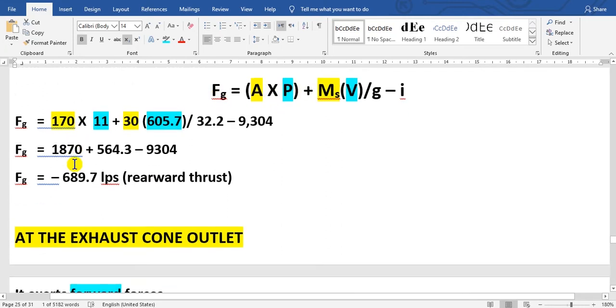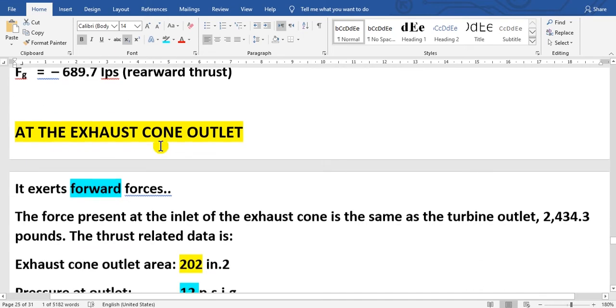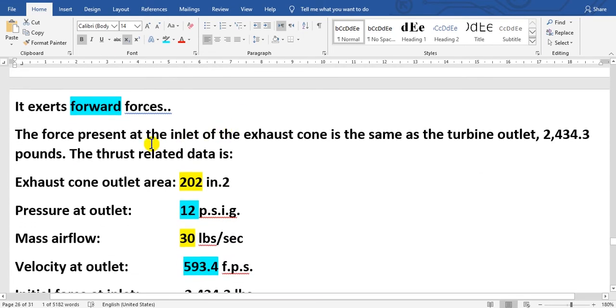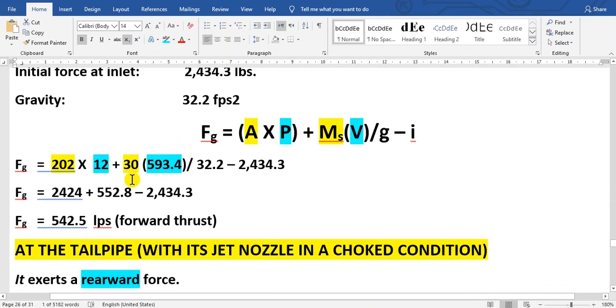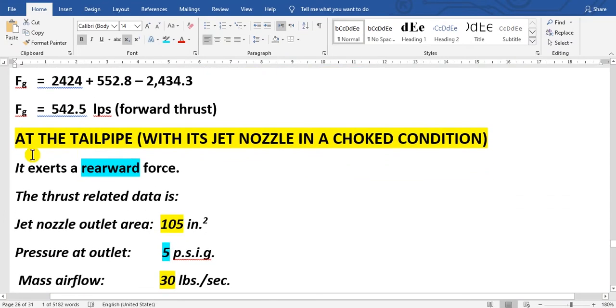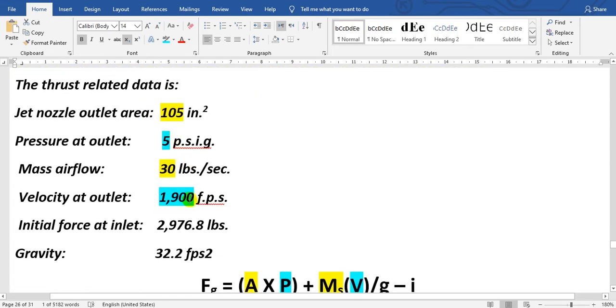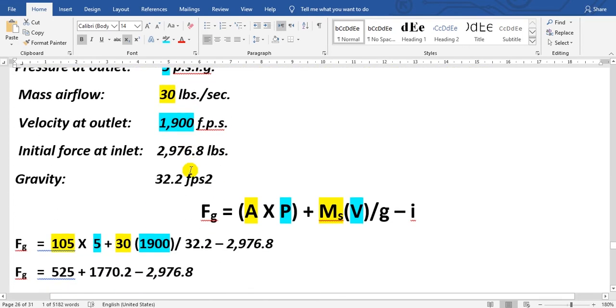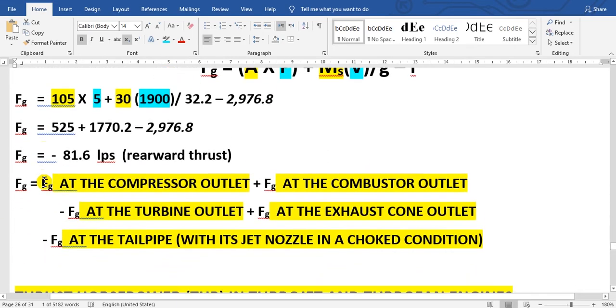This is rear. At the exhaust cone outlet, also this is the data, this is the formula, and this is the calculation. At the tailpipe, these are the data given, this is the formula, and this is the calculation.